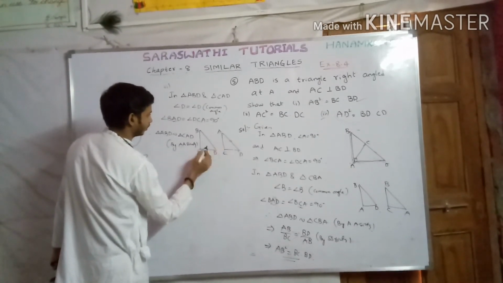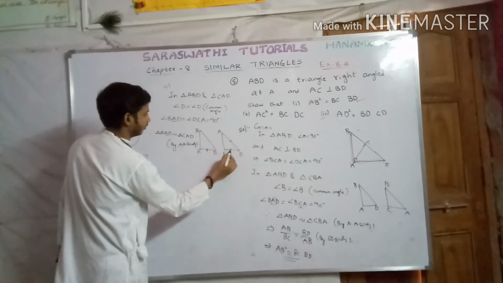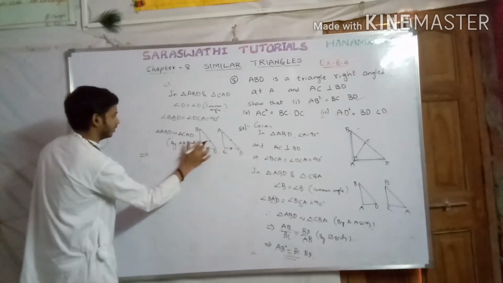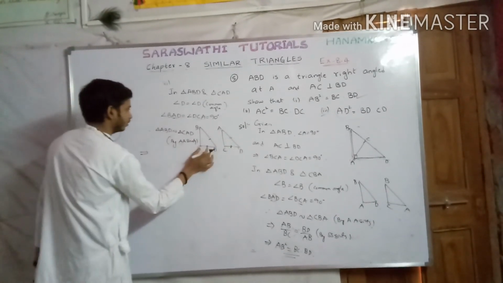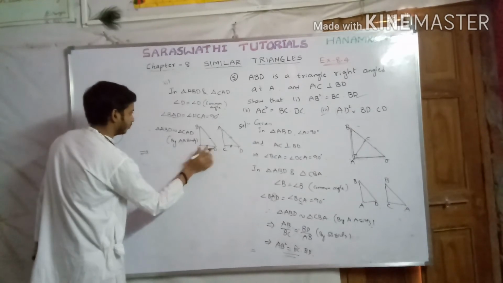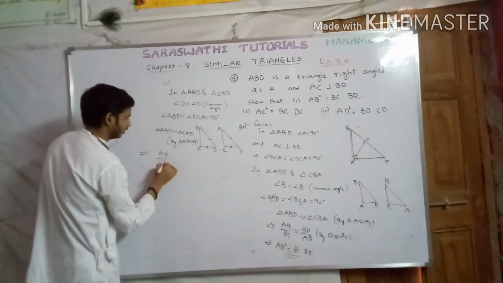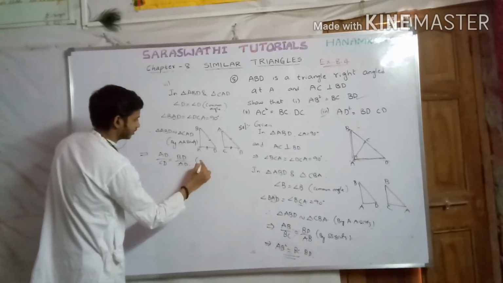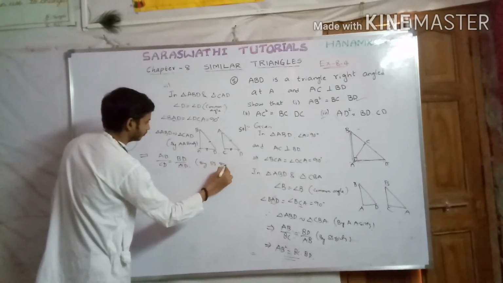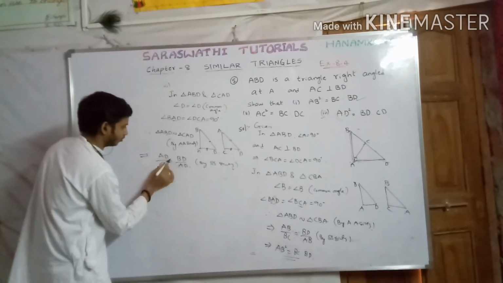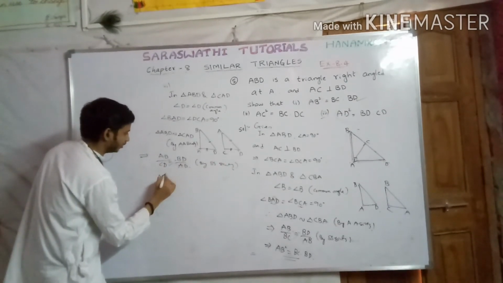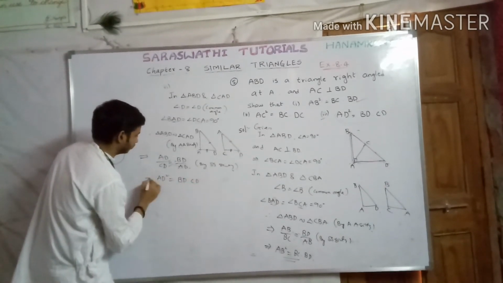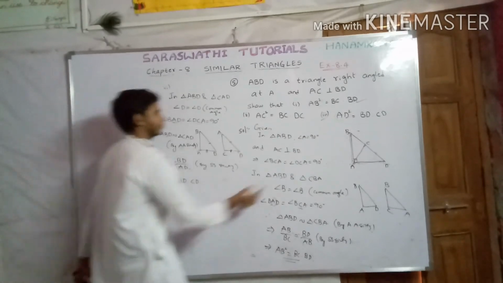So AD by CD equal to BD by AD, since the ratio of corresponding sides are equal. Now cross multiply this: AD into AD, we get AD square equal to BD into CD. So this is the required proof of the third one.